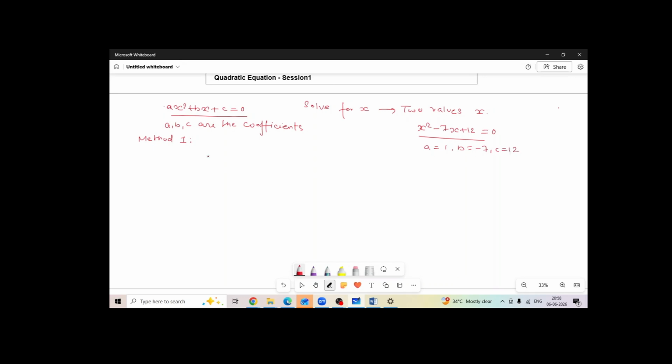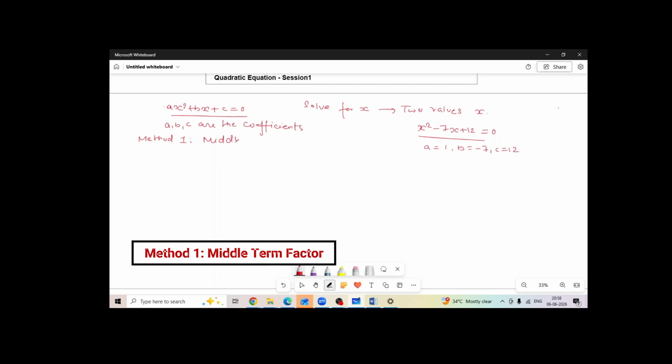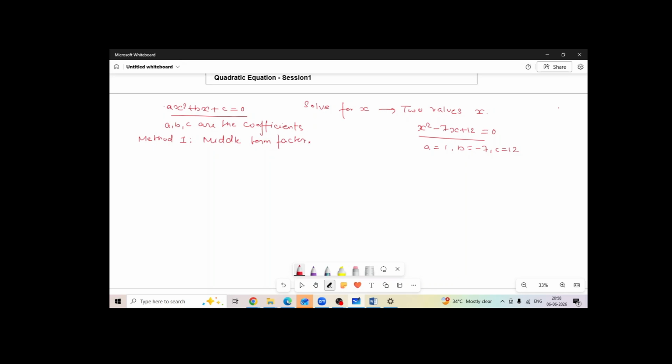Now method 2 is called the middle term factor. As the name suggests, there are three terms. This is called the first term, this is the second term, and this is the third term. The second term is also called the middle term because it is in the middle.